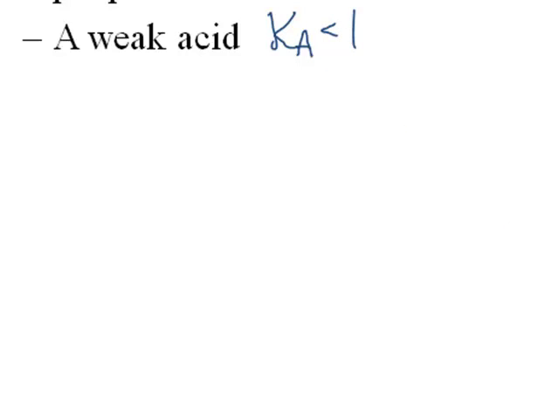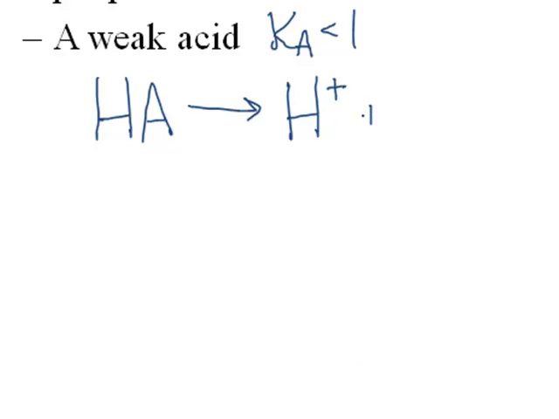When we're dealing with a weak acid, or any acid for that matter, we know that we have hydrogen bonded to some other atoms or another molecule, which we represent with A. And because it's an acid, it will donate or dissociate from the hydrogen ion, leaving behind the remaining atom or molecule, which is A-.